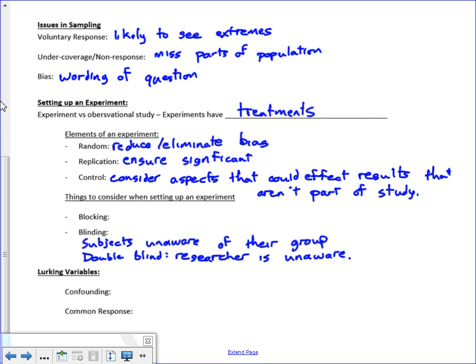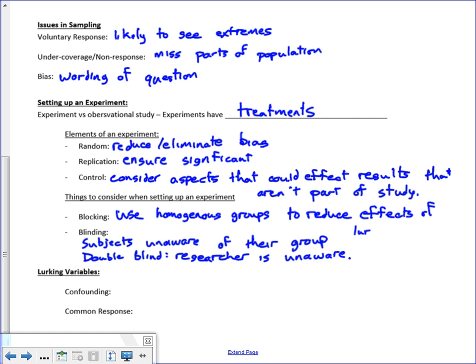study is done. Blocking was an important concept that we talked about, and basically what that's going to do is separate, it'll use these homogeneous groups, these groups that are the same, and what that does is it's going to reduce the effects of some type of lurking variable.